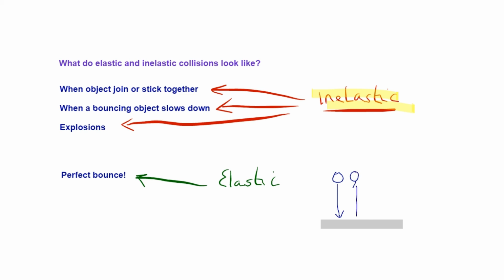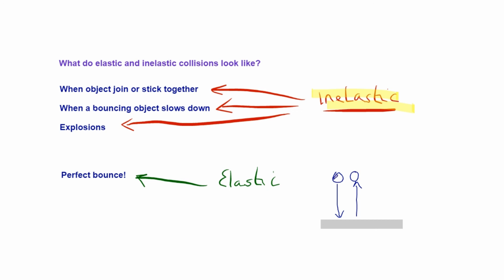If a ball did bounce up to the same height, it would be a perfectly elastic collision, because it means that the kinetic energy, the speed just before it hit the ground, is equal to the speed just after it hit the ground. Of course, we know that's impossible in everyday life, but some things do come close.